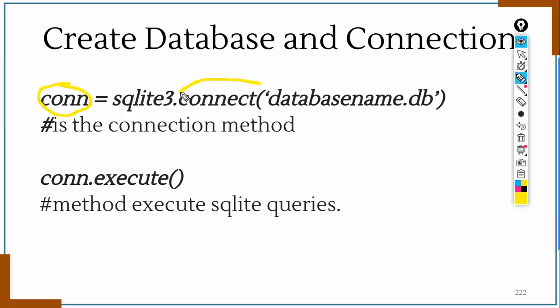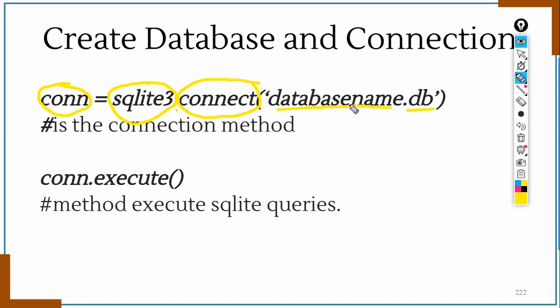We are using the connect method, which is available in the sqlite3 module or package. So sqlite3.connect. Inside this function we need to pass the database name, and the extension for the file is .db.